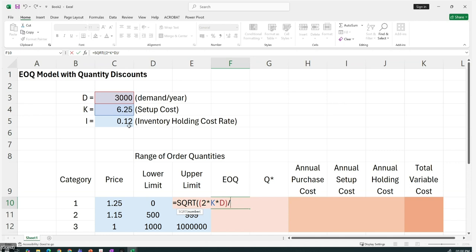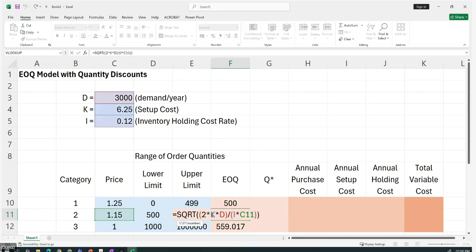What is that holding cost? I into the price. So in this case, depending on the category, my price is changing, right? So what I'll do is denominator, I'll open the bracket, I multiplied by C10 in my case. Okay, what is C10? C10 is nothing but the price. Hope you're with me. I multiplied by C10. I'll click and drag this downwards.